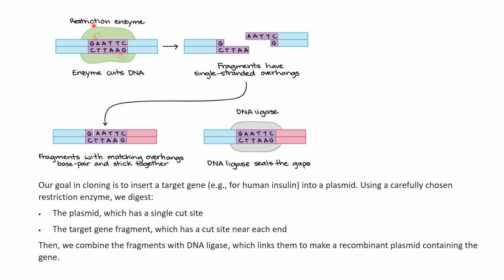So let's say we have a restriction enzyme. So restriction enzymes have the ability to identify a specific sequence on DNA. They identify, they bind, and then they cut to produce fragments that have single-stranded overhangs, which can then bind to another double-stranded DNA molecule.